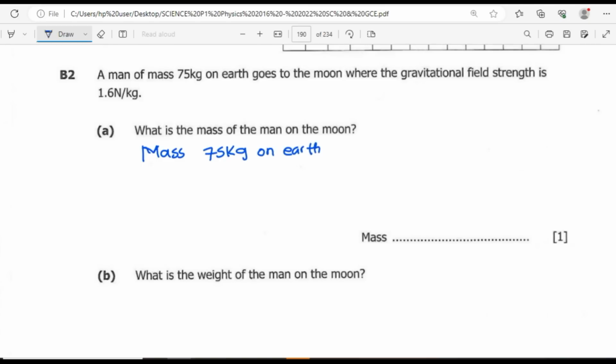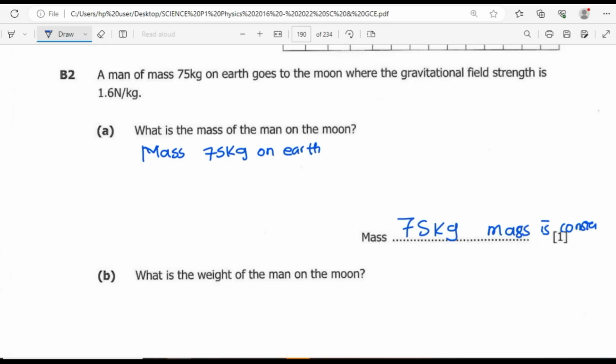So we are going to have 75 kg. Why? Mass is constant, so mass does not change, because mass is just defined as the amount of matter present in an object.